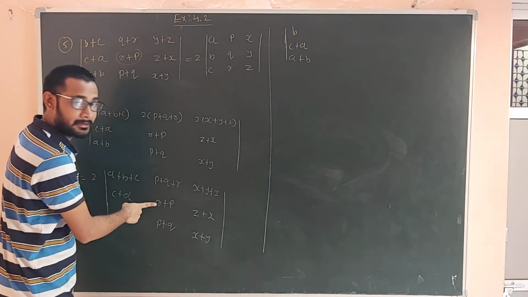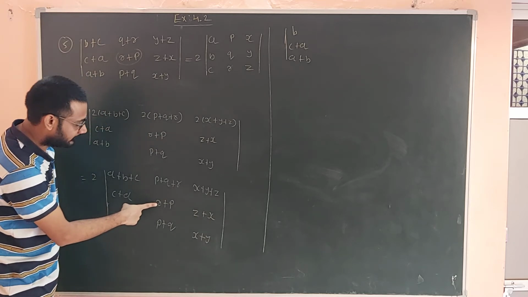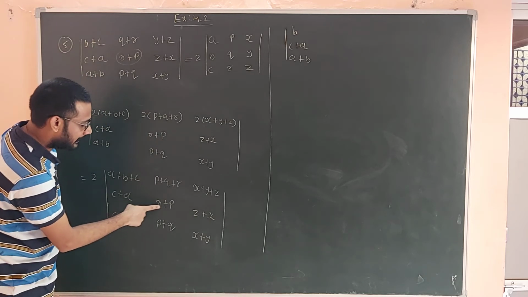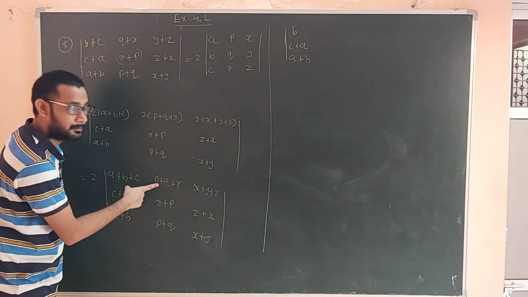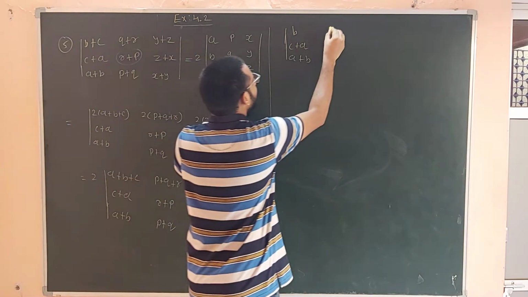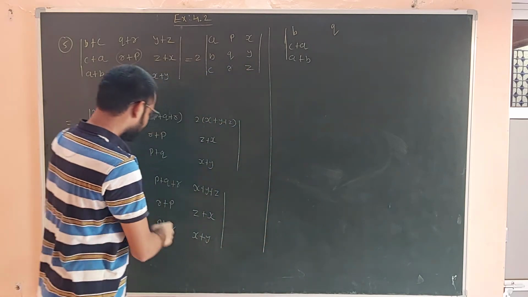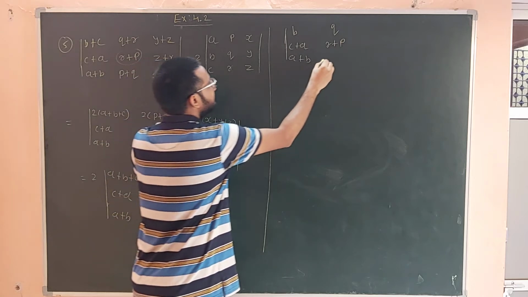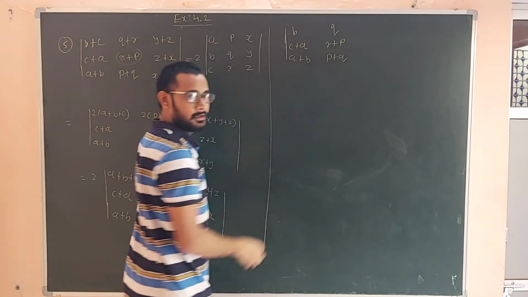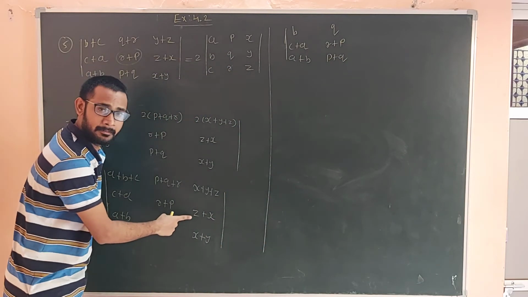Again I multiply R plus P with minus 1 adding to the first row. So R and minus R cancel out, and minus P and P cancel out. So what remains here? Only Q. Okay. Then write R plus P and P plus Q as it is. Again we multiply Z plus X with negative 1.